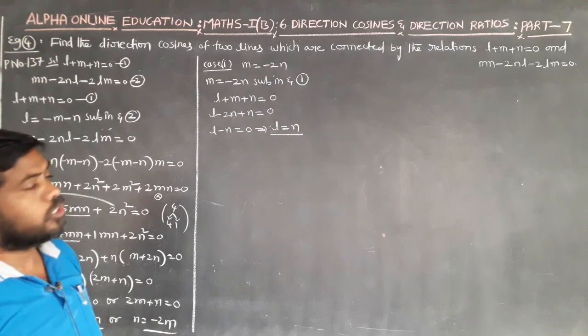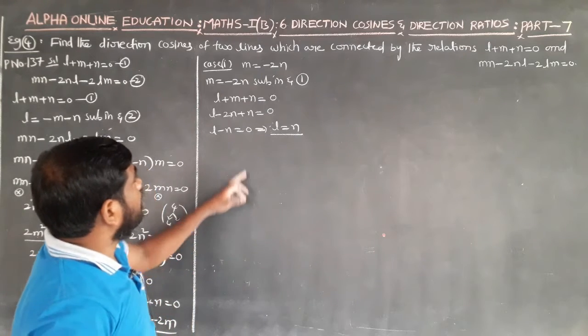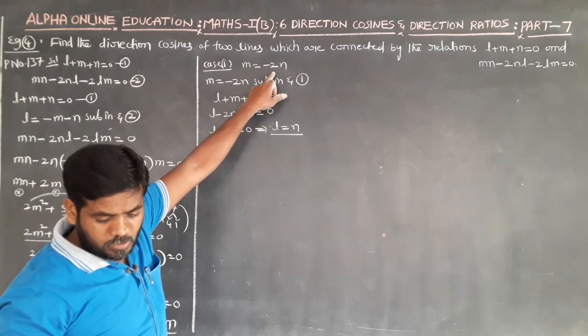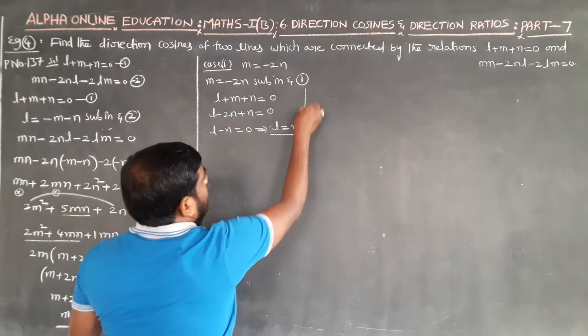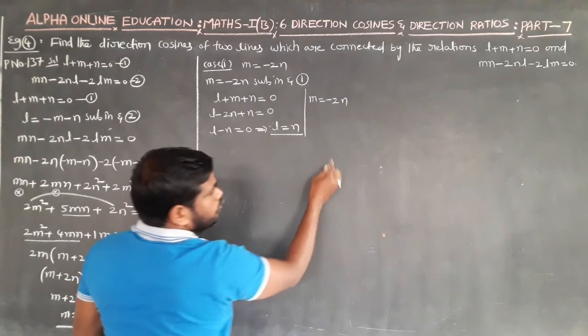Here L is equal to n, and m is equal to minus 2n.